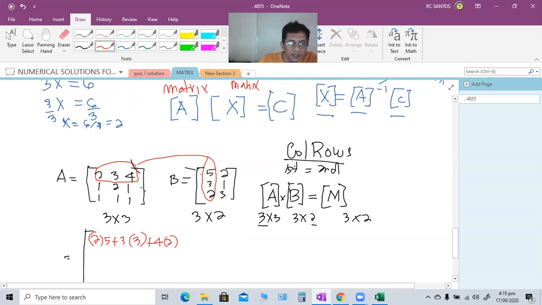Yung ito naman, lahat ito, nakamultiply rin dun sa lahat. Kumbaga, ito x, y, z, ito yung mga coefficient niya. So, we have now, the second column is composed of this 2 times 2 plus 3 times 1 plus 4 times 3. Ayan.